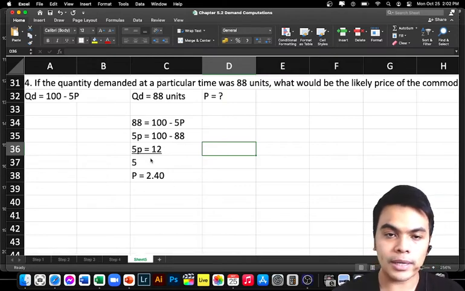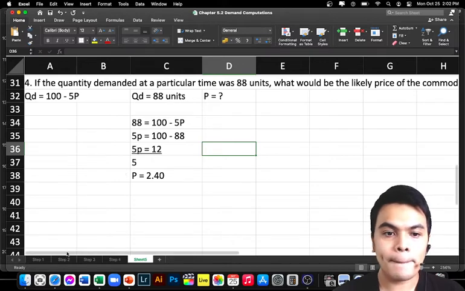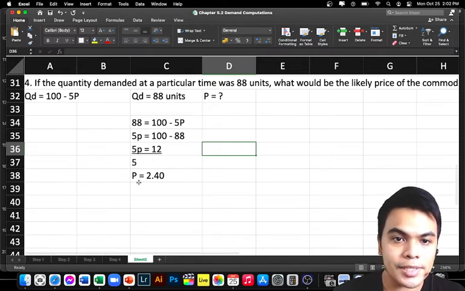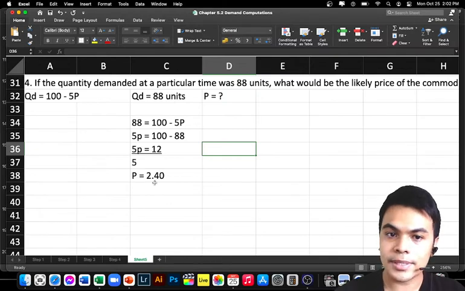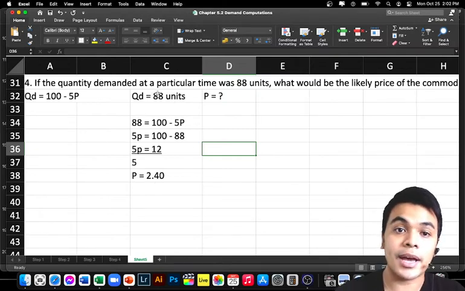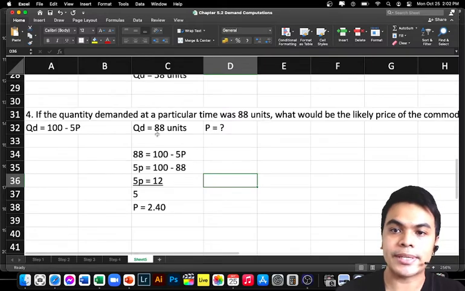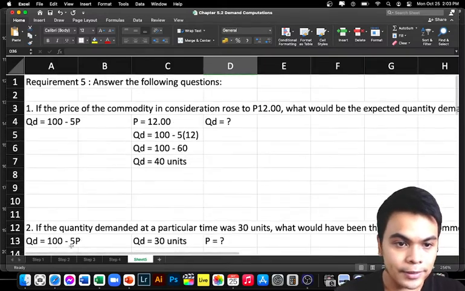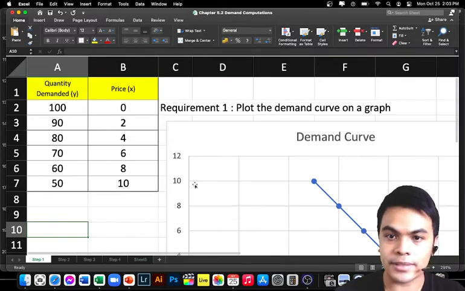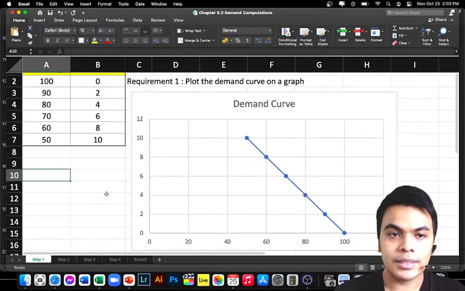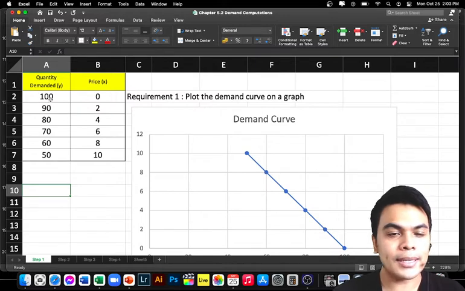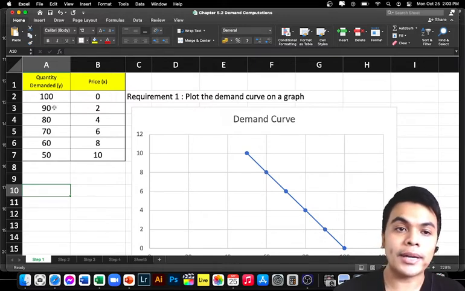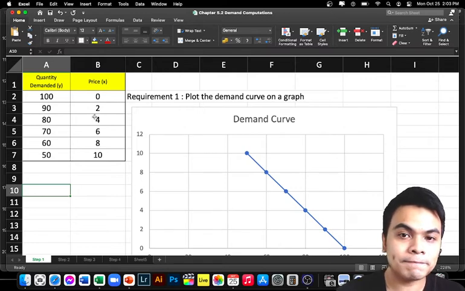Again, if we go back to our law of demand, if the price is lower, in this example just 2 pesos and 40 centavos, the demand is higher. 88 units are demanded. Going back to our schedule and the demand curve, we can only expect or experience a 100% demand if our price is actually 0.